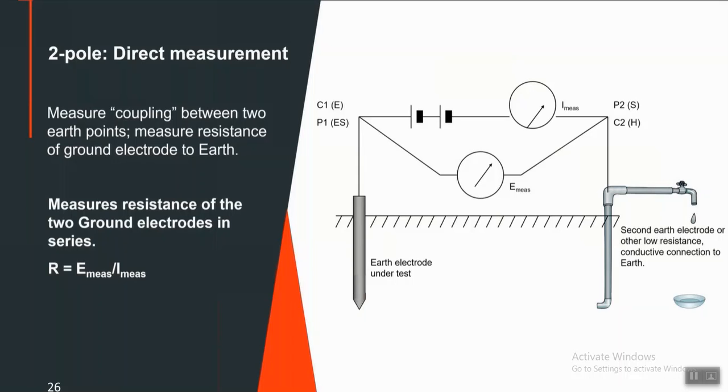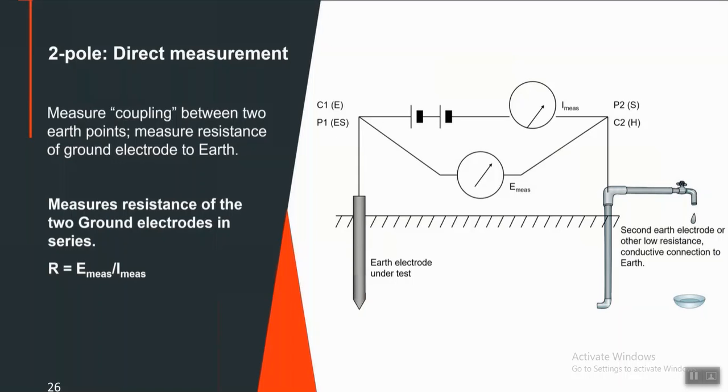If you connect to the pipe here, it means this method measures two series resistance, the electrode under test, and also the resistance from this pipe. So there are three important limitations on this method actually. In this case, we use the water pipe. You need to consider the water pipe system must be extensive enough to have negligible resistance.